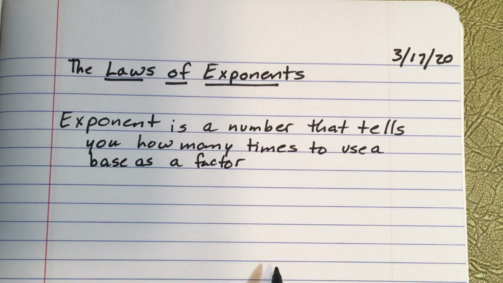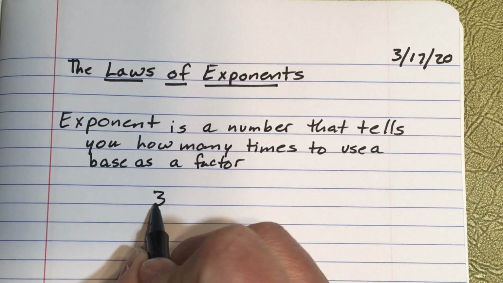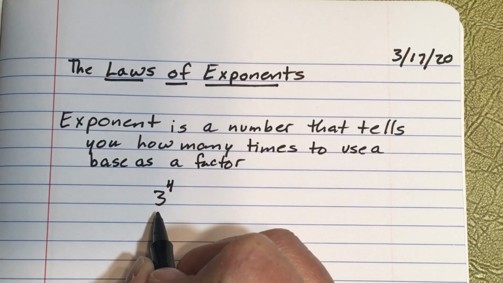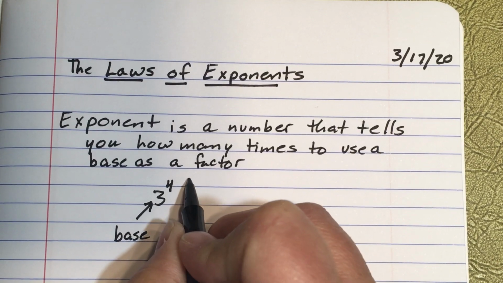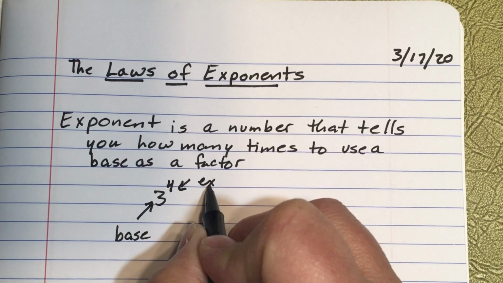For example, if you have 3 with a little 4, the 3 is the base, and the 4 is the exponent.